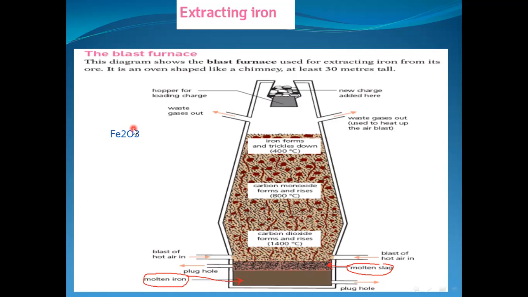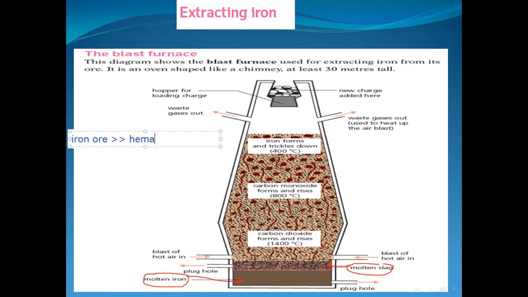So this is what I need to say about extraction of iron. Any question, any comment about extraction of iron? Everything is okay? Everything is clear? Yes. So this is number one. What are the most important parts in extraction of iron? Number one, you have to know what the iron ore is.